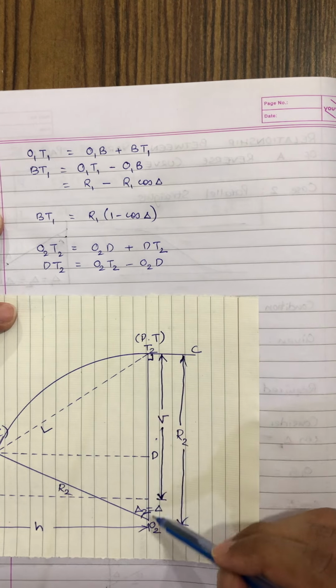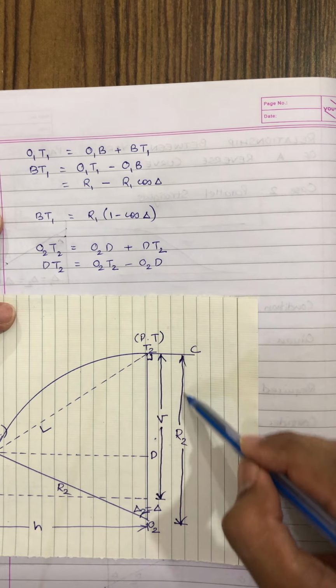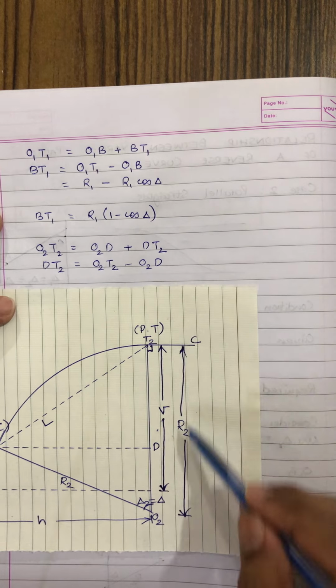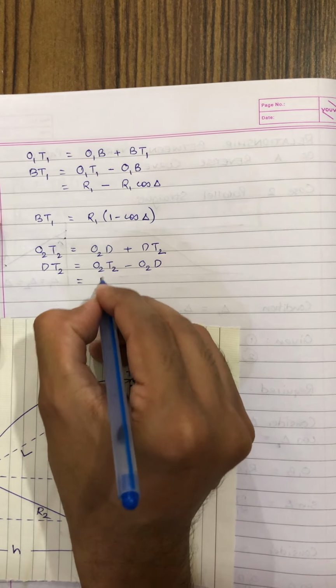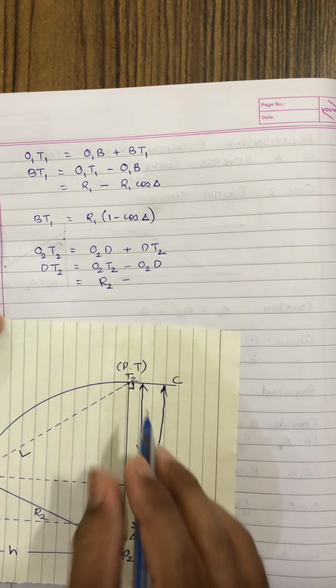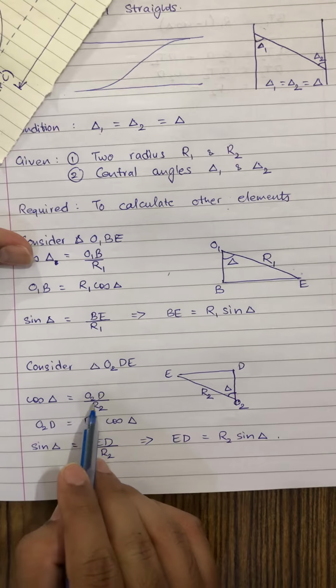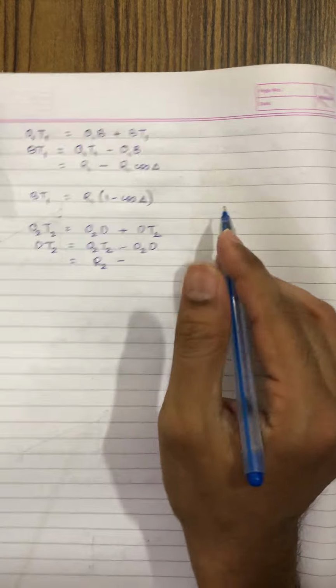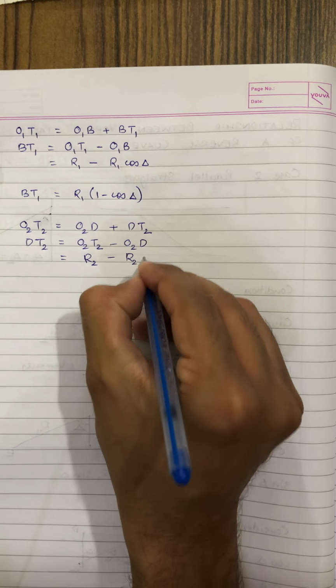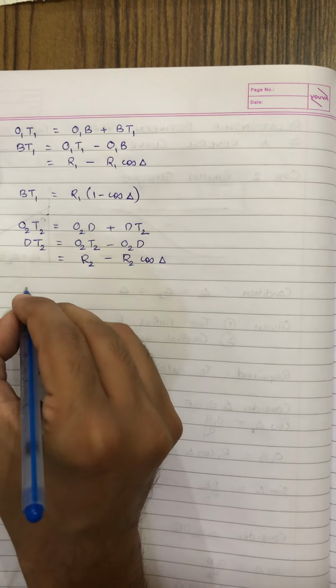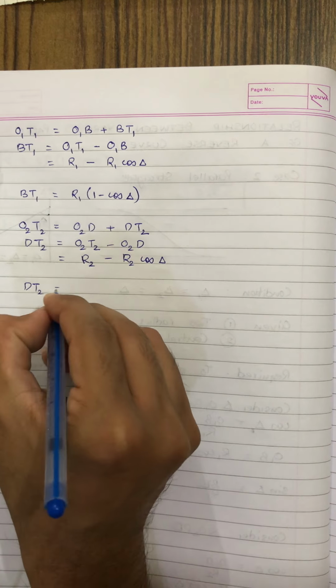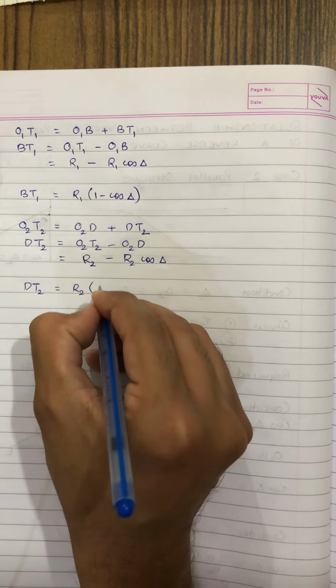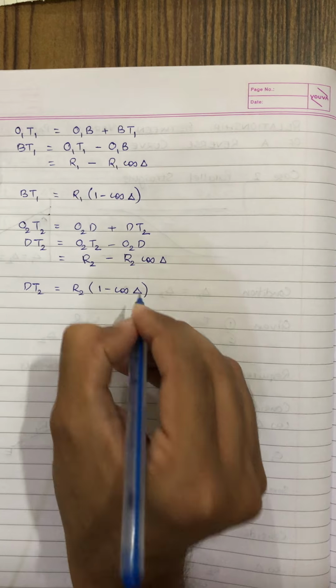But here O2T2 is equal to the radius R2. So this will be R2 minus O2D, which we already calculated. O2D is equal to R2 cos delta. So DT2 will be equal to R2 into 1 minus cos delta.